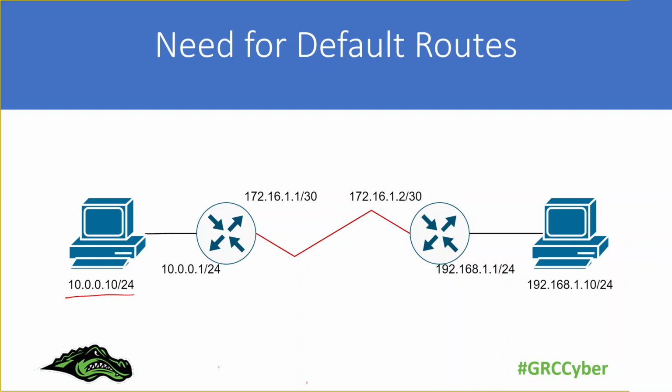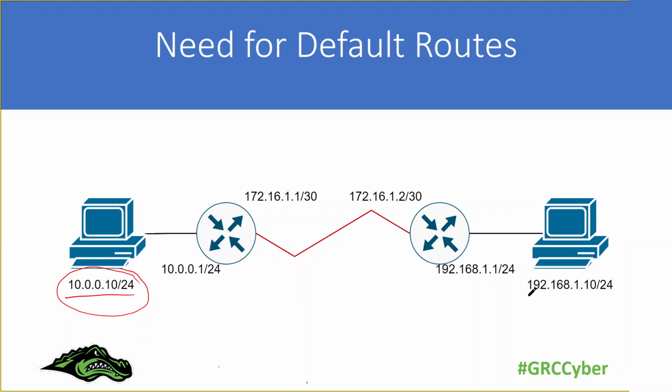And what that means is by default, this PC knows about everything that is on this network right here. It doesn't need any routes whatsoever. It doesn't need any direction to get from its local location to somebody else who's on the same network.